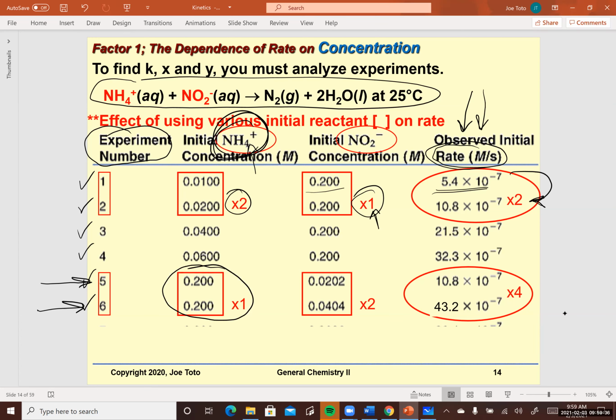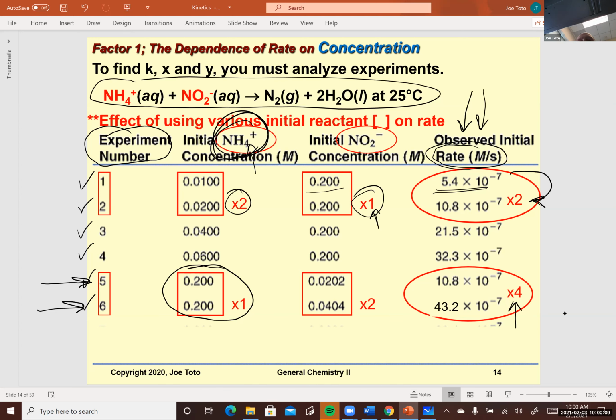So by comparing experiments 5 and 6, ammonium is held fixed, and this time nitrite is doubled in concentration. What happens over here? Quadruples. Yeah, the rate goes up by 4 times. Now that's called a second order effect or a quadratic effect. It's nonlinear, and we see this experimentally.